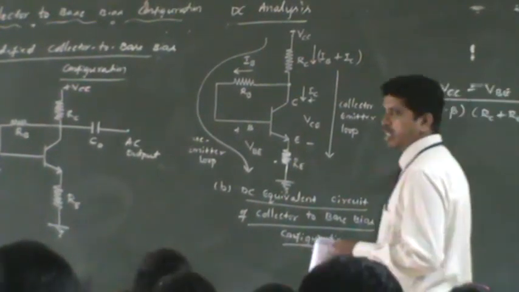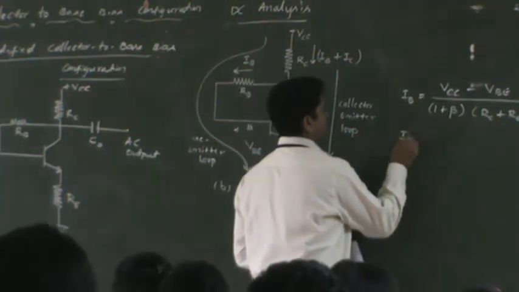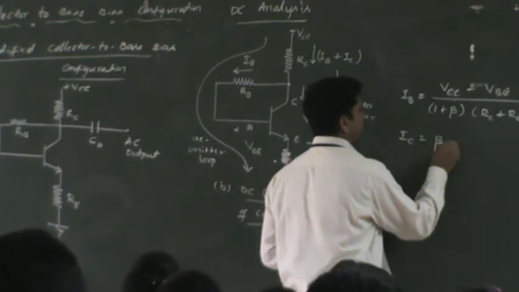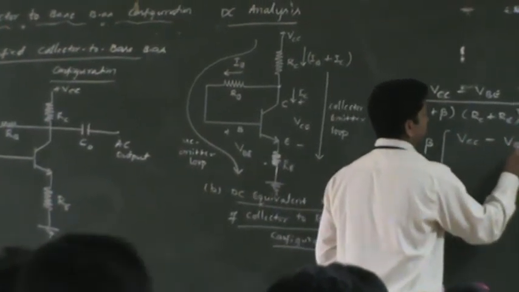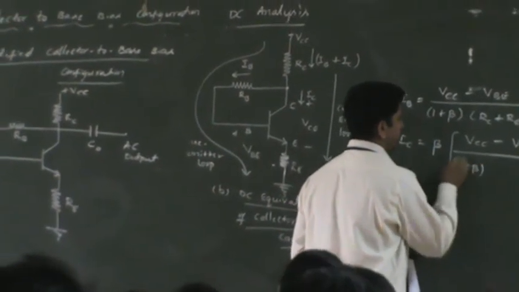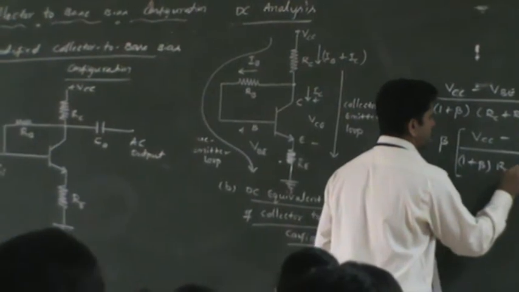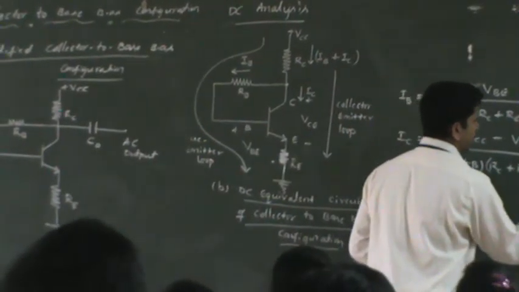Once you know IB, it's very easy to obtain the expression for IC. IC is beta times VCC minus VBE divided by 1 plus beta times RC plus RE plus RB.